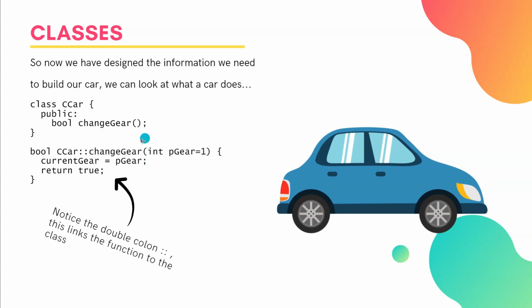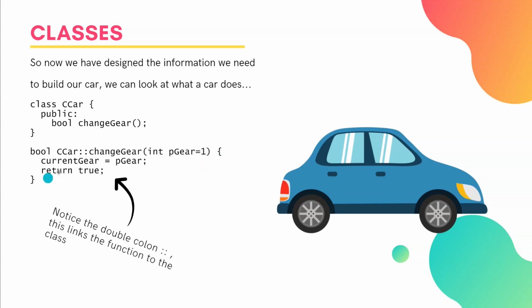And this ChangeGear function is going to have an integer, which is pGear. So we're going to put an input here, which is an integer, and we're going to say the gear that we want. And we're also going to set a default to be 1. So if the coder doesn't set a gear, then it'll automatically be the number 1.